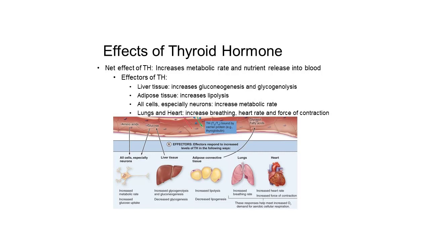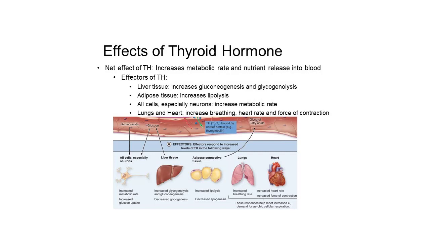Your body can make glucose when you're short of glucose, and it's gluconeogenesis. Fat, you're going to break down fat, produce energy. And when we look in your body, all cells, especially your neurons, increase metabolic rate, heart and lungs, increase breathing.